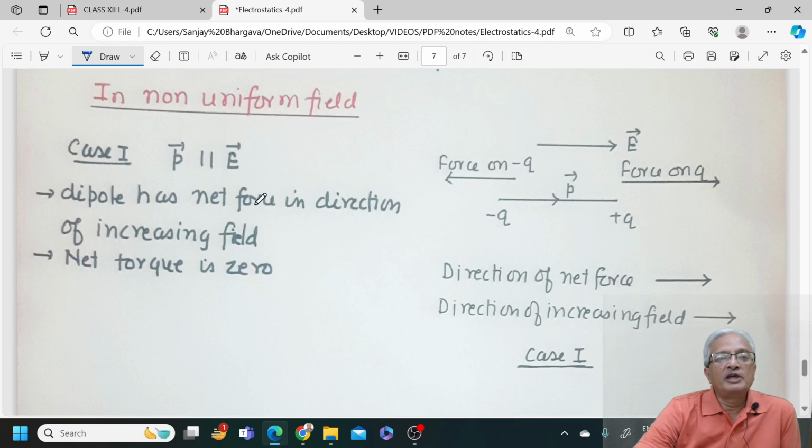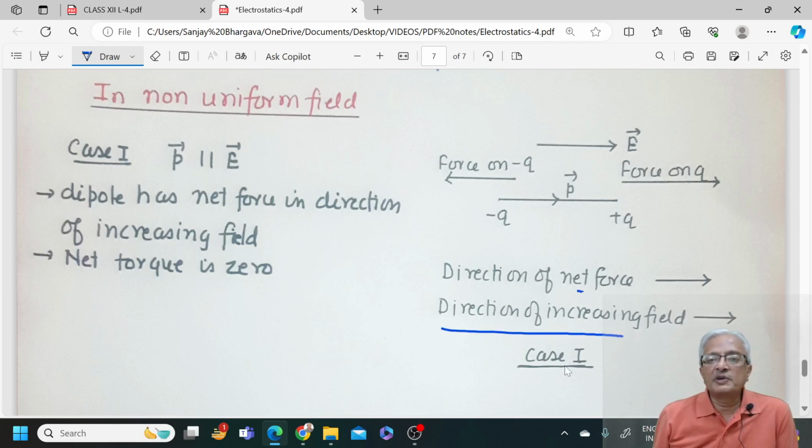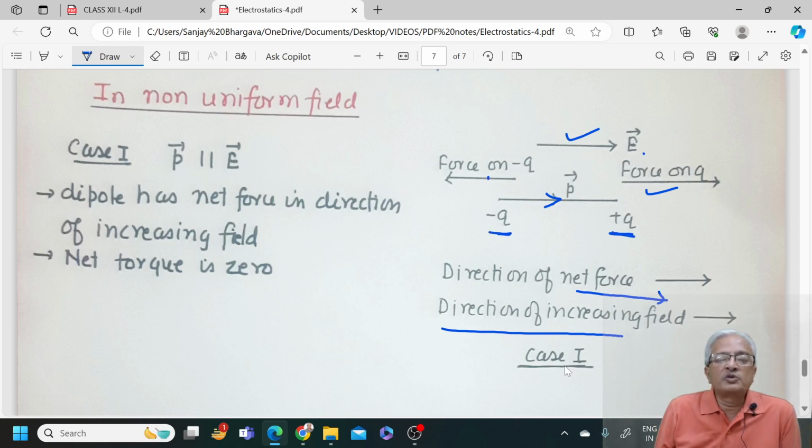So we imagine an electric field, and this represents the direction of increasing field. This would be the direction of net force. This would be the direction of the dipole moment. So dipole moment, electric field and force are all acting in the same direction. The positive charge would experience a force in the direction of the field, and the negative charge would experience a force opposite to the direction of the electric field.